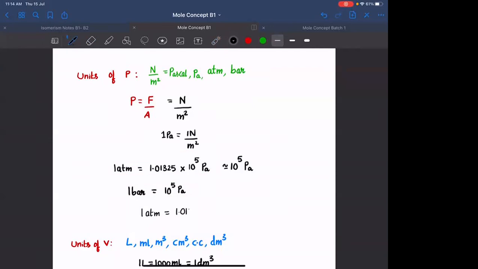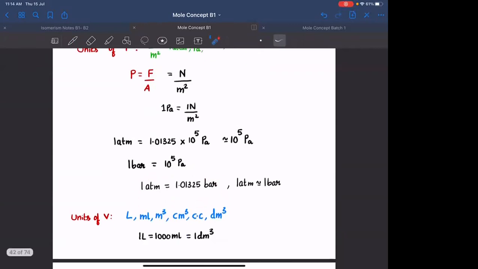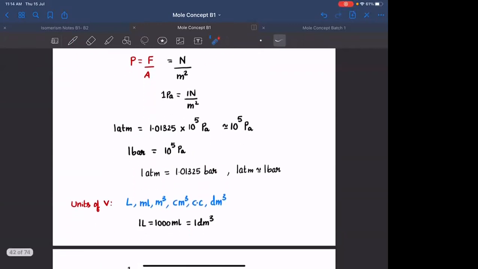So 1 atmosphere is 1.01325 bar. Okay. Or 1 bar is approximately equal to 1 atmosphere. But the exact relation is 1.01325 bar is equal to 1 atmosphere. Is that clear?